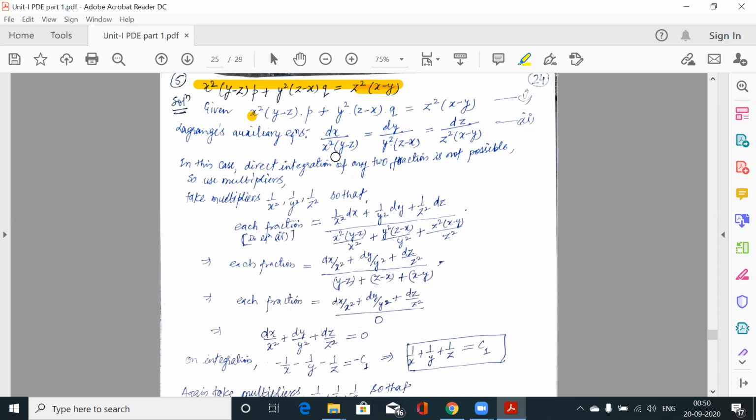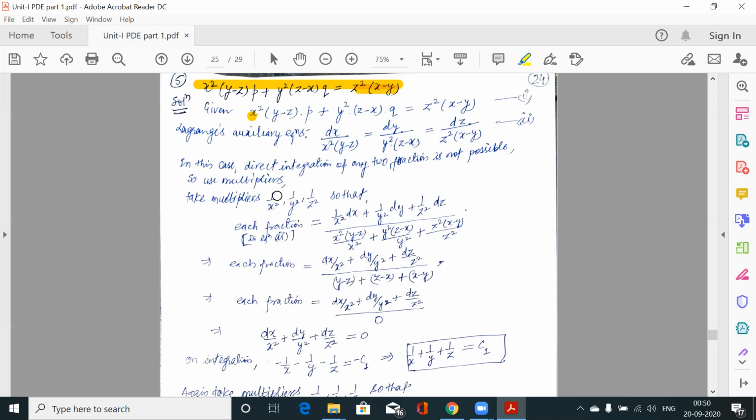It will come only by practice. You practice the questions with different multipliers. That is the only possibility we have. I cannot give you any rule that in this case use these multipliers or those multipliers. So the only solution is to practice more questions.